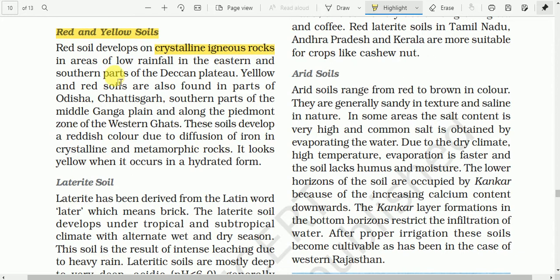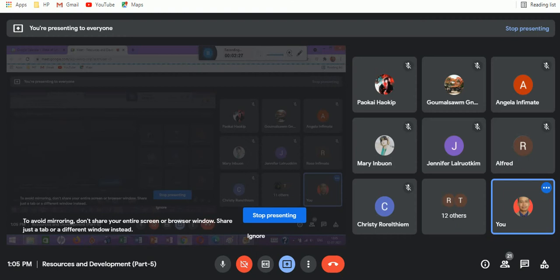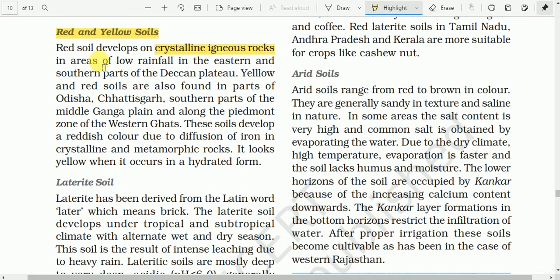Red and yellow soils develop on crystalline igneous rocks in the areas of low rainfall, in the eastern and the southern part of the Deccan Plateau.